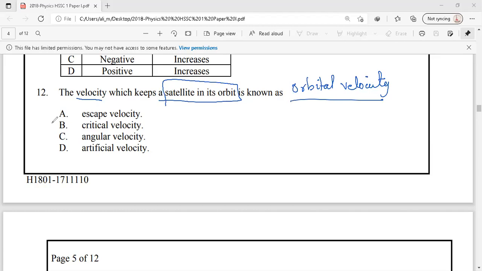This is the minimum velocity with which we launch any satellite, the horizontal velocity with which we launch a satellite from the earth to move it in a particular orbit or particular path around the earth. So the correct option for question number 12 is option B.